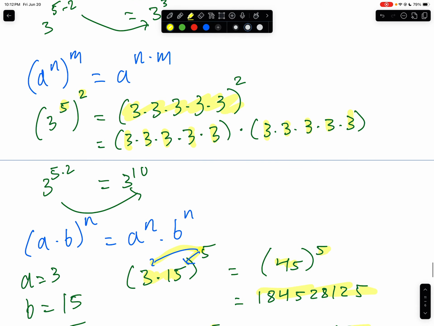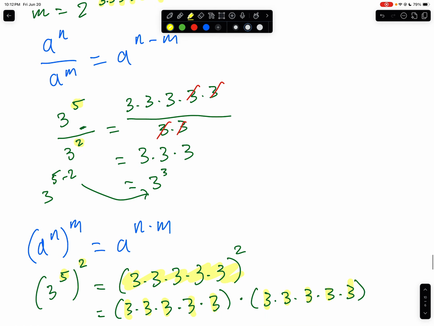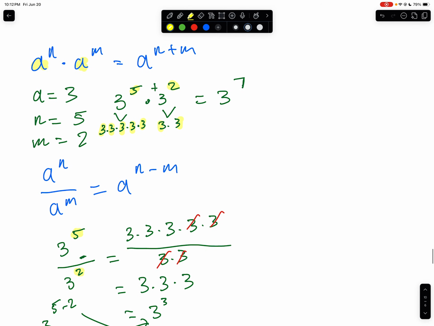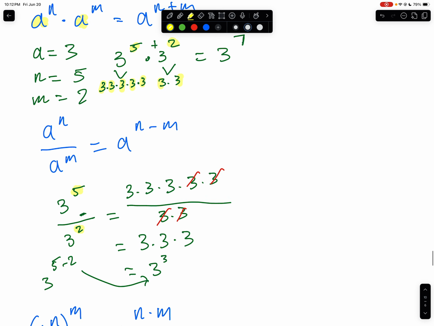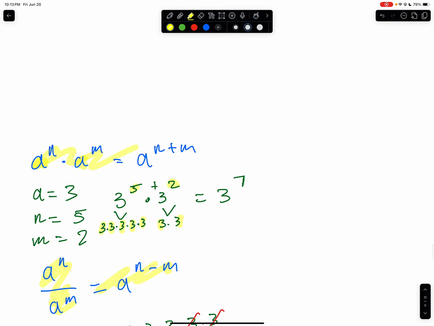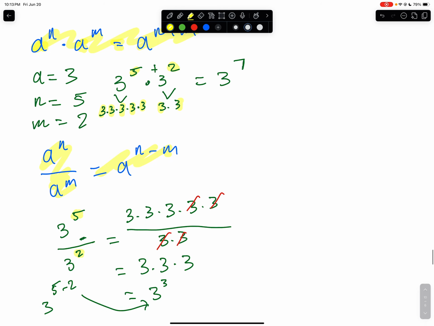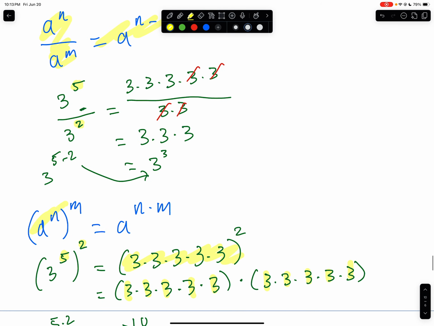I mean, these are all kind of intuitive. It's just kind of generalizing these things. Honestly, the only reason why you want it in these explicit general forms is that when you're dealing with x's and y's, it helps if you know it in this sort of explicit general form.